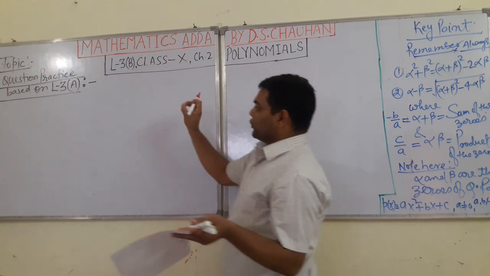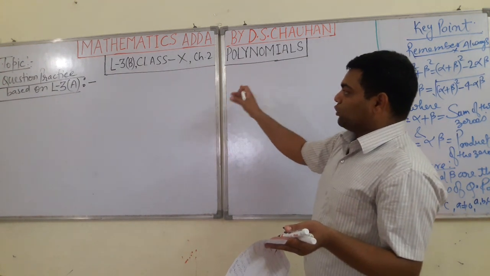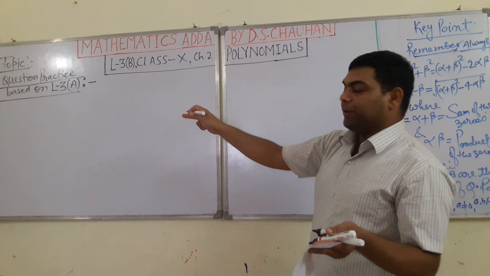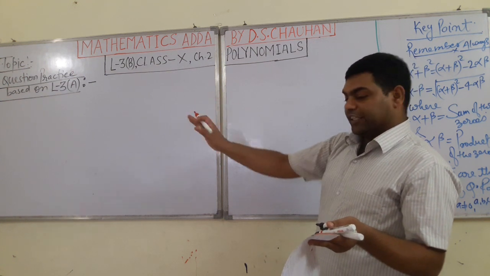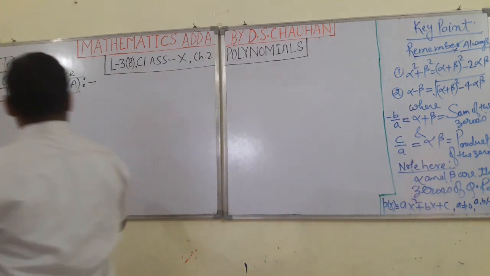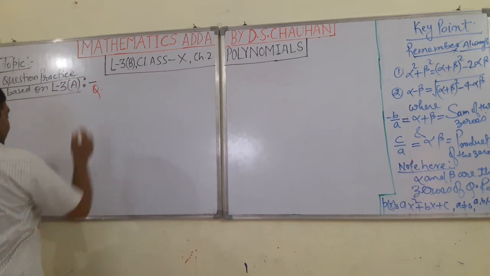Now students, today I am going to tell you the questions based on the previous lecture. Try to understand, very easily you can get the things. Now see, the question is here.